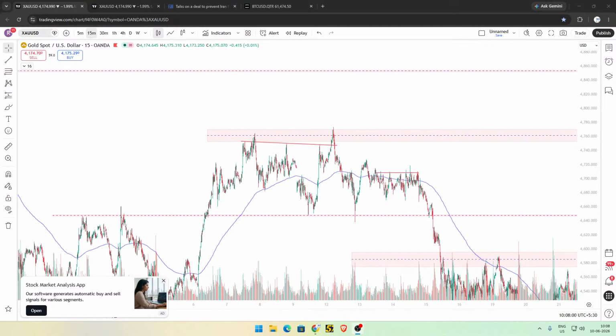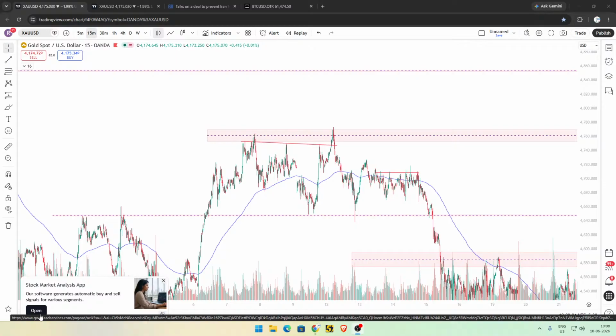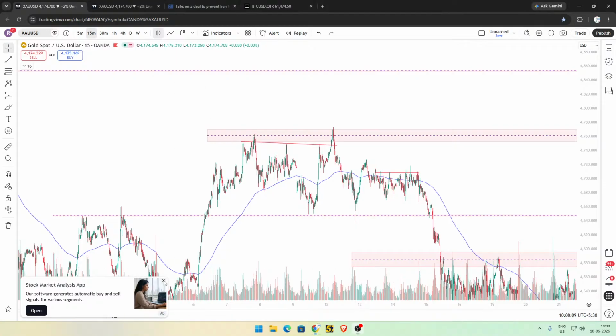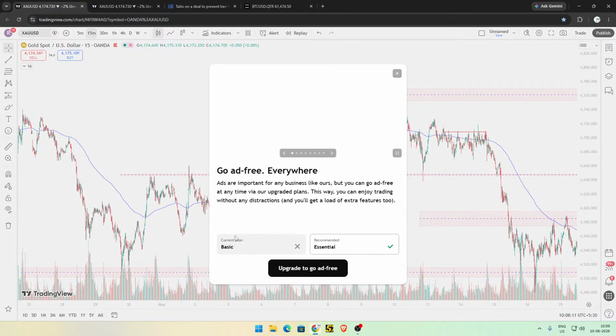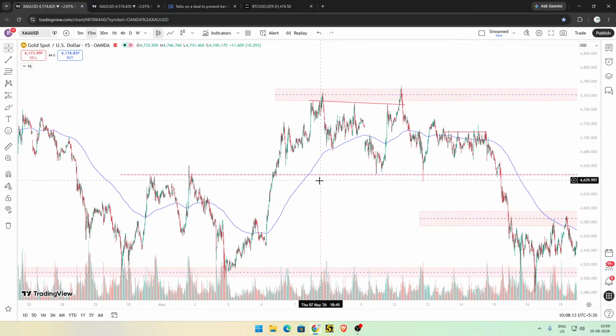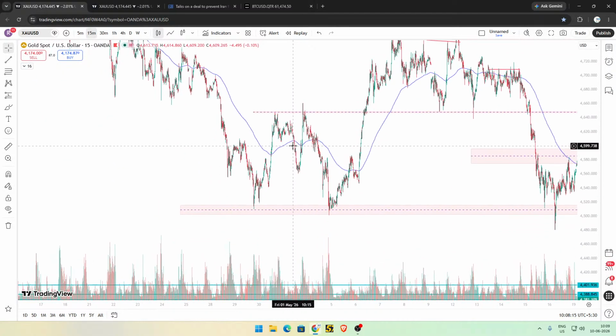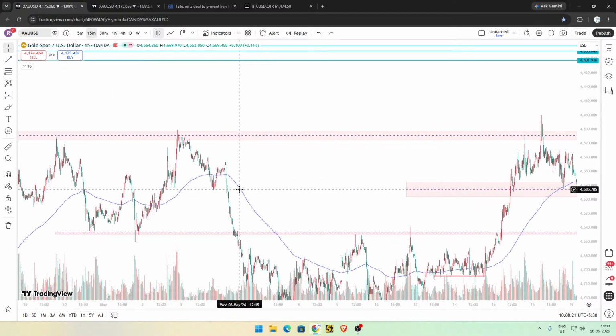So, good morning. Today, I am going to talk about the setups that are happening now. When gold was trending upside, what was gold doing? Okay, let's flip this chart, then you can understand.